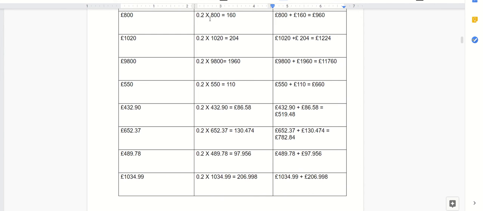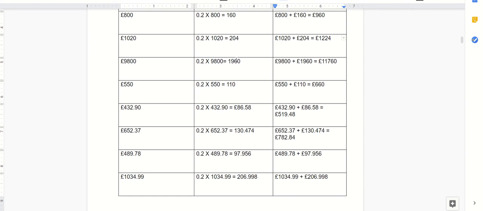So I think it was 0.2 times 800 is 160. So we add that 160 to 800, which gives us 960. 0.2 multiplied by 1020 is 204. So we add 1020 to 204, and we get 1224. 0.2 multiplied by 9,800 is 1,960.